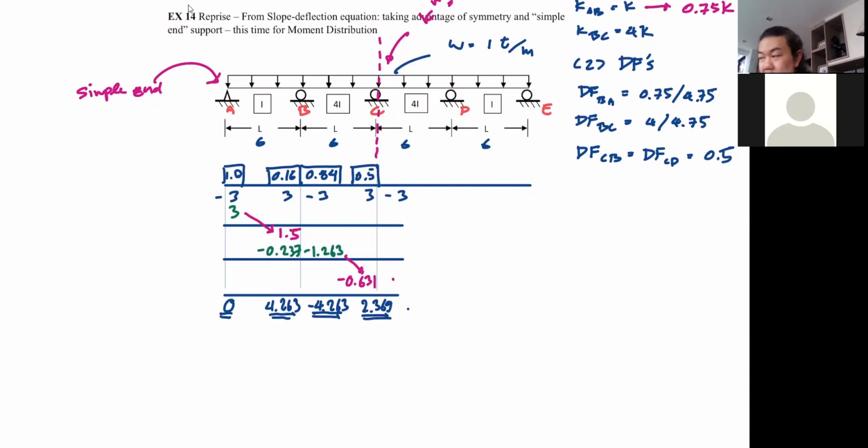So in the past few years, if not many, I have always given the exam about symmetry. And many students, after learning how to do moment distribution, will refuse to learn the new things. So they stick to the old method, which, as you know, you may be able to do it. You are still able to do it, but it takes much longer and they manage to mess up.